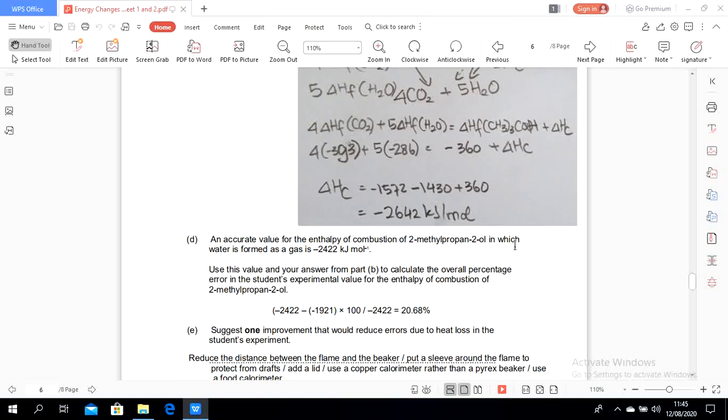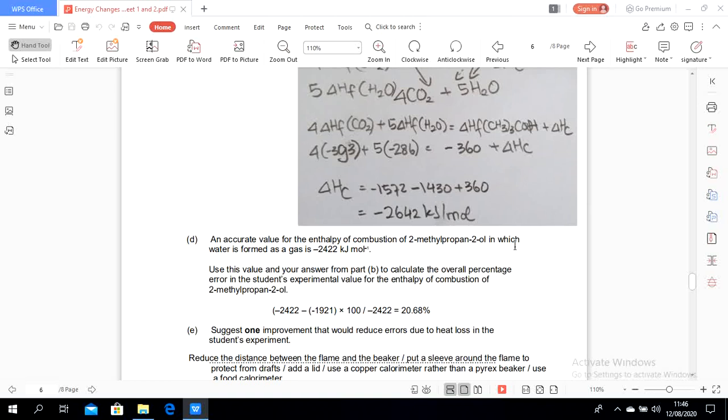So in order to find the error, it is the standard minus the calculated value, then divide by the standard times 100%, and the error is found to be 20.68%. So this error is quite big.